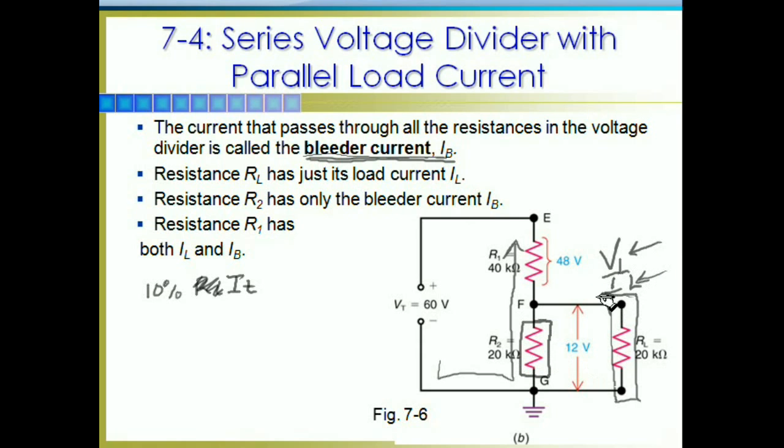And then the next resistor I know is going to have to take the bleed current, which is the constant, plus the load current. And if there's another load hanging out here someplace, there's also whatever the current requirement is of that load.